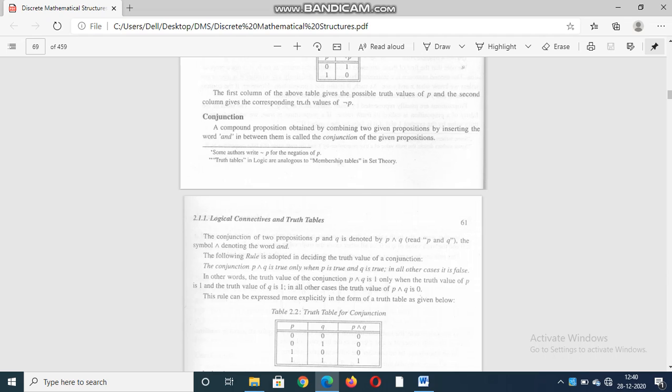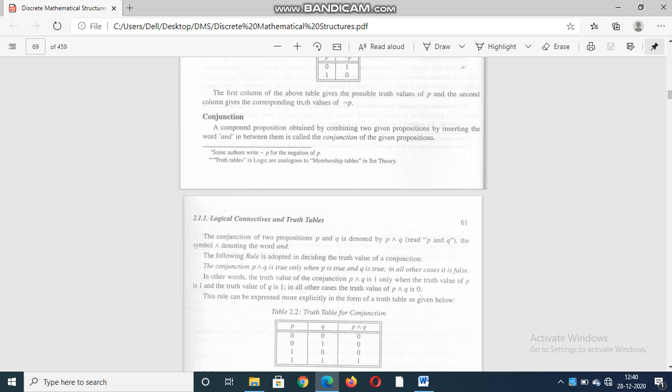If any one element value is 0, your output definitely will be 0. You just observe here P conjunction Q, both should be 1, then only your value is 1.